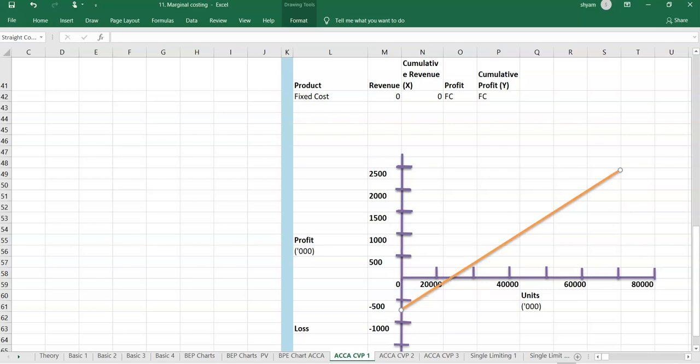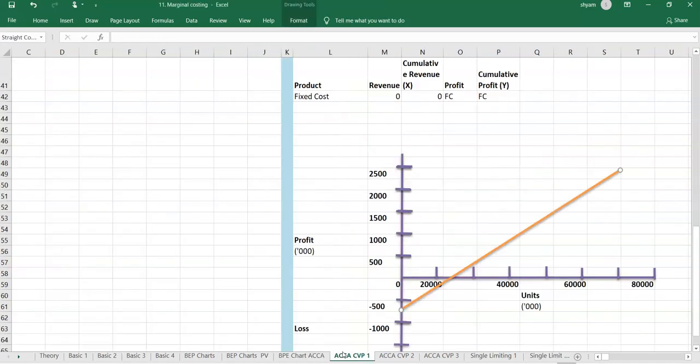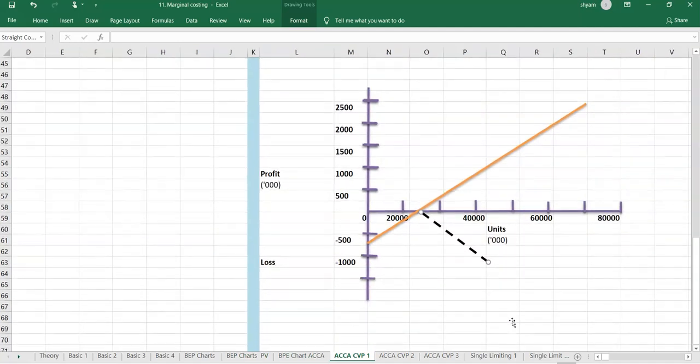So you can see the break-even point is this one. This is the break-even point in units, or you can also put it in sales.